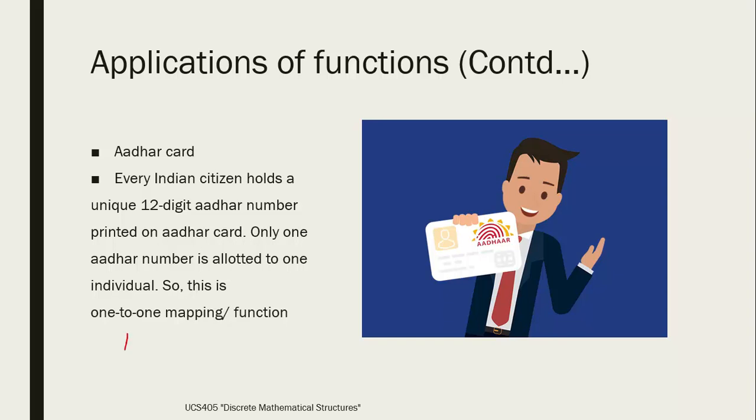For example, set A has all citizens of India, A1, A2 and so on. Set B has all Aadhaar IDs allotted to Indians. A1 has one Aadhaar ID, similarly A2 has one Aadhaar ID from set B. So this is a one-to-one mapping or function.